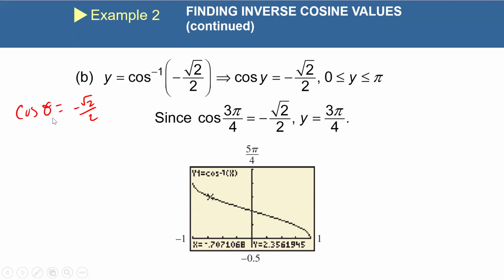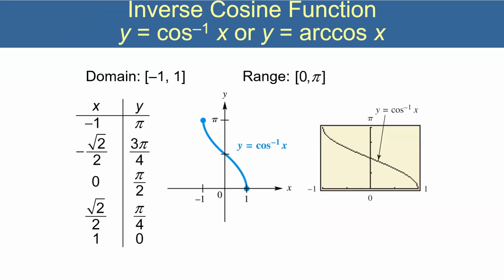Because you're asking yourself, for what theta do I get -√2 over 2? So it has to be in quadrant 2, right? And in quadrant 2, when do I get x equals -√2 over 2? Yes.